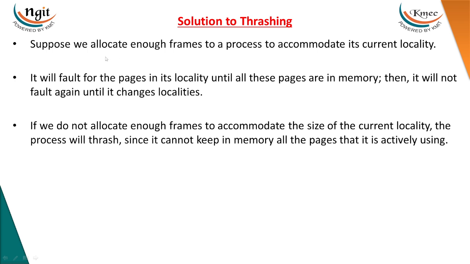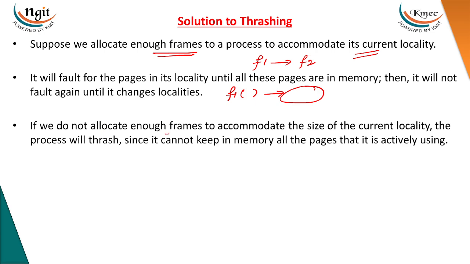During this function execution, if we allocate enough frames to a process to accommodate the current locality, then a page fault will occur only when we change from one locality to another. If function f1 has all its pages loaded in main memory, we reduce the page fault rate.